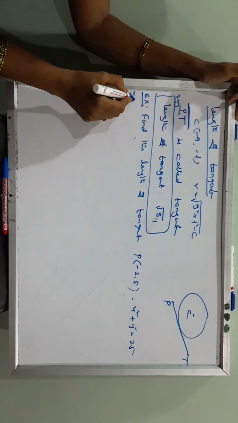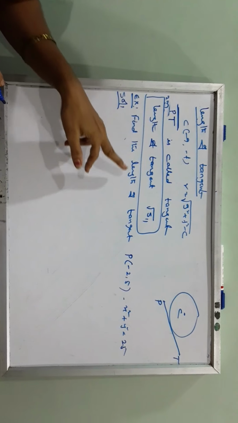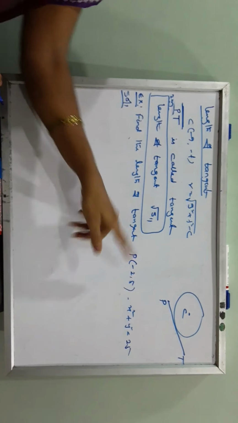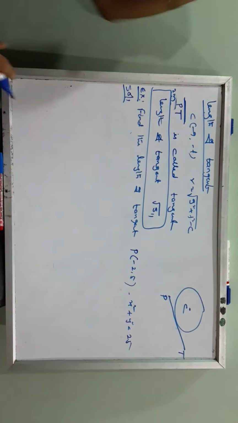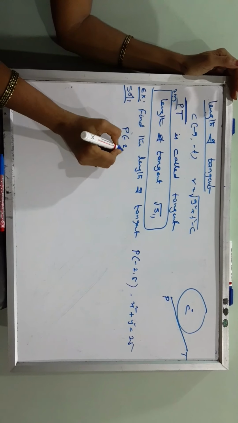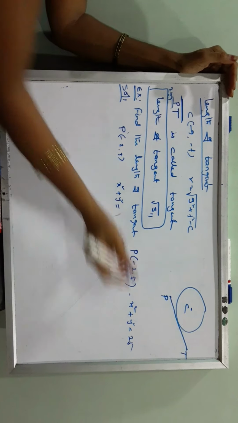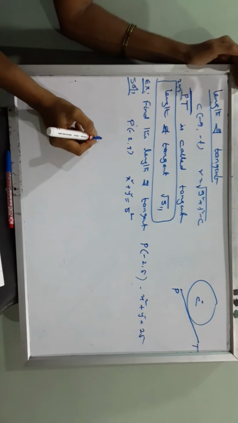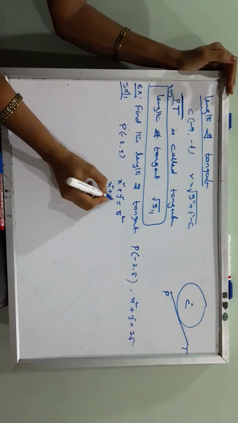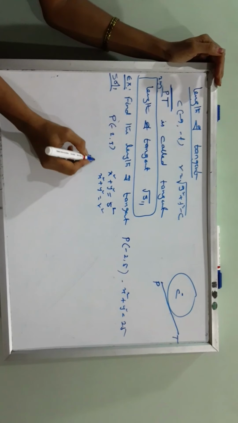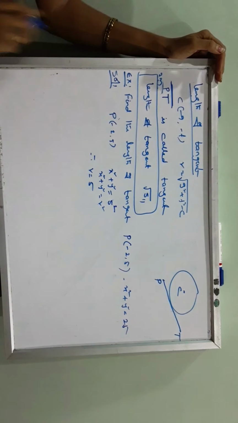What we have to find here is the length of tangent. Here P is given and the circle is also given. P is (minus 2, 5) and the circle is x square plus y square is equal to 25. 25 can be written as 5 square. Comparing with x square plus y square is equal to r square, therefore the radius is equal to 5.